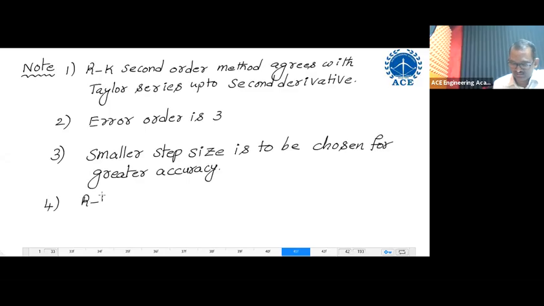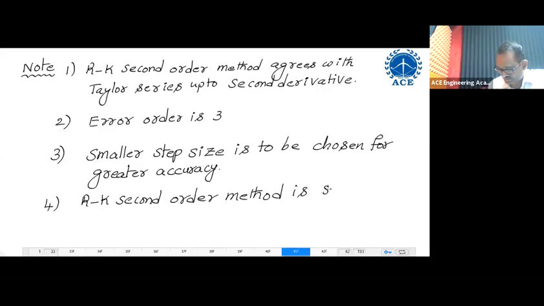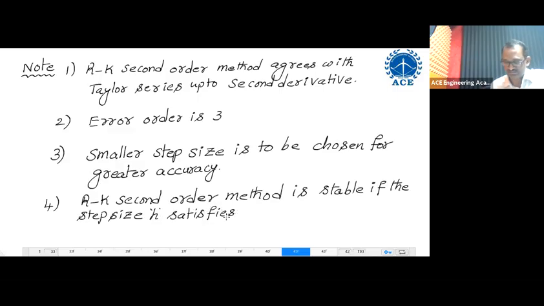Similarly, as we discussed in the previous method, RK second order method is stable if the step size h satisfies the condition.